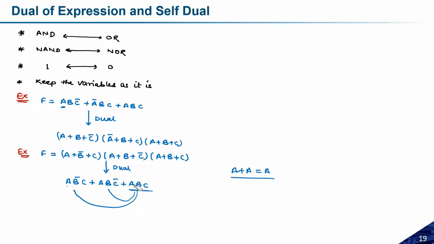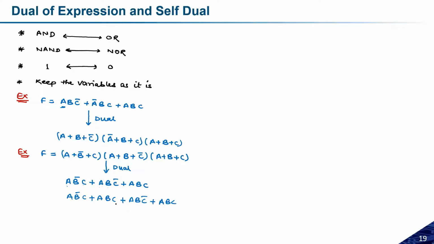So I can use a b c 2 times, and that will not impact the logic function. So let us write a b bar c plus a b c plus a b c bar plus a b c. So I have used a b c 2 times because a plus a is always a. This is how we can get it.